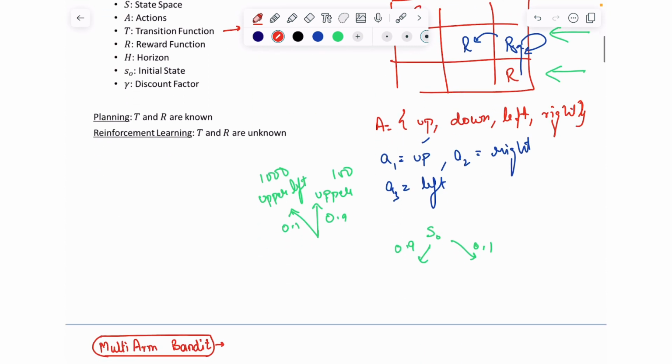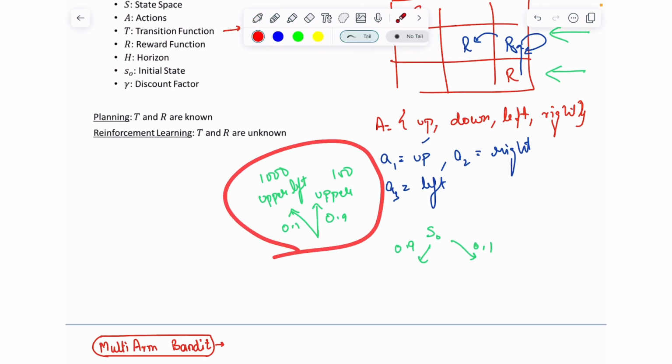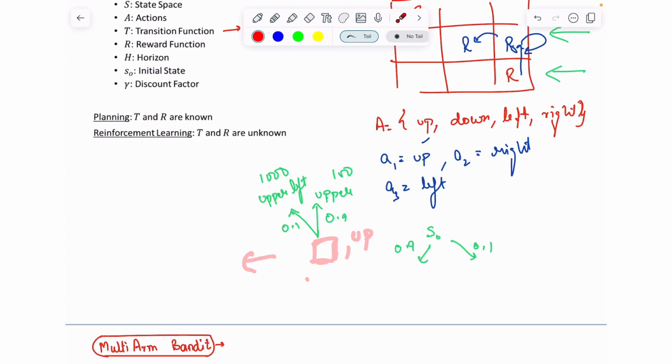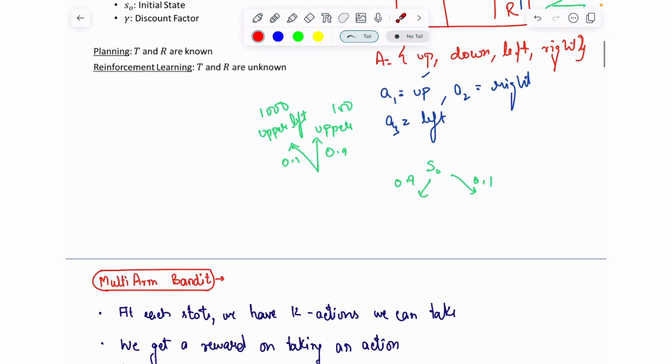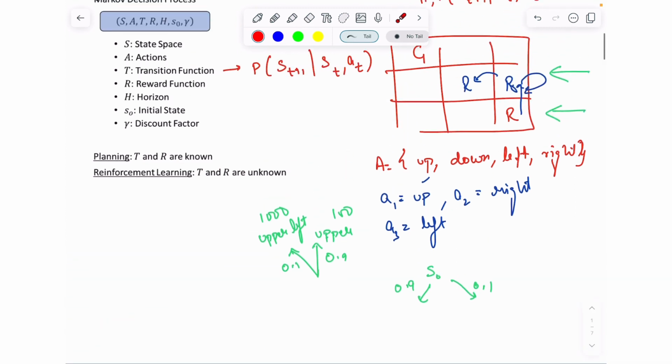So for example, if you are in a particular cell and you take an up action, okay, that means you will reach 2 states. One is the upper cell, and one is the upper left cell, right? So we will have a probability distribution over 2 cells. For example, this is upper left, this will be 0.9 and this will be 0.1. So this is the transition probability.